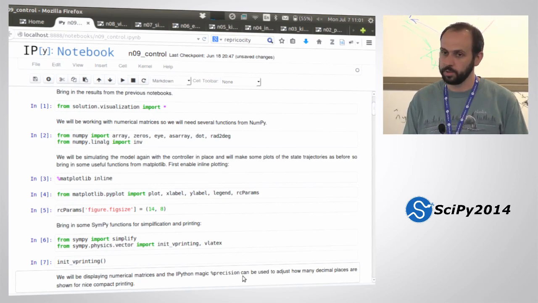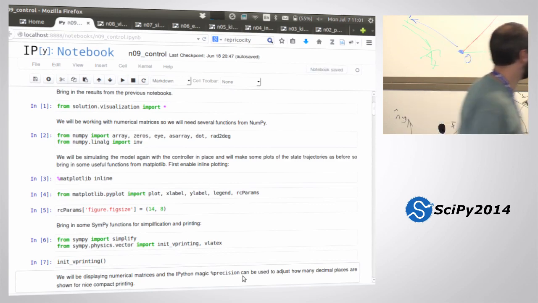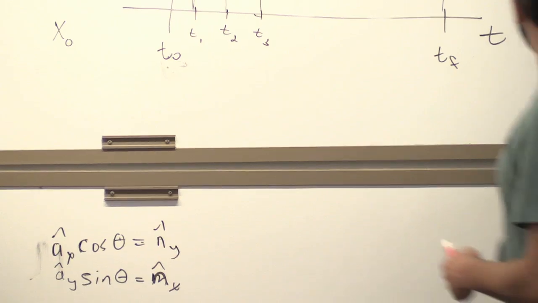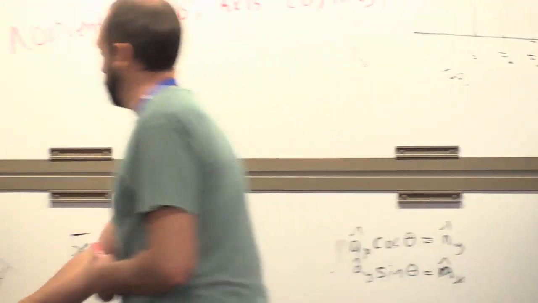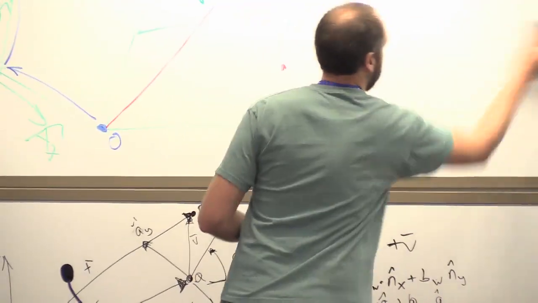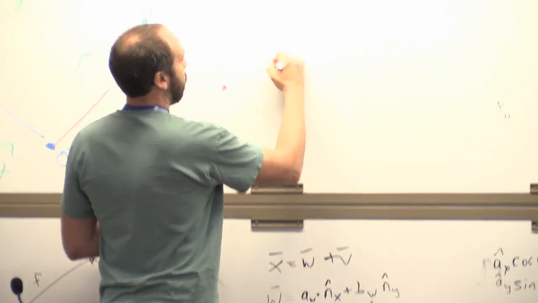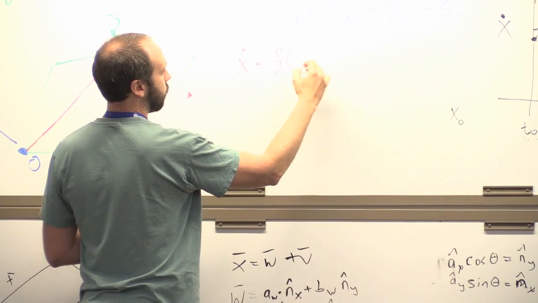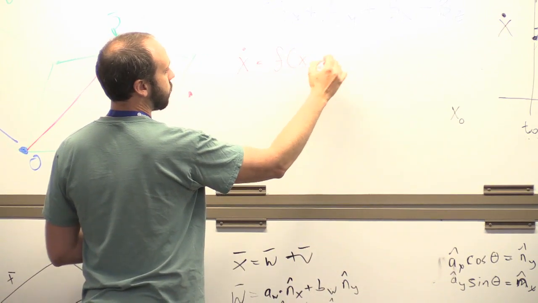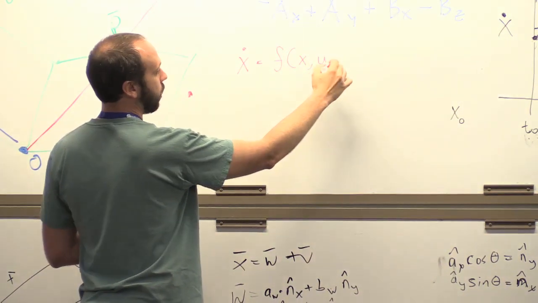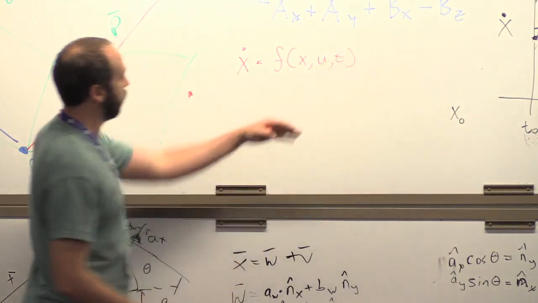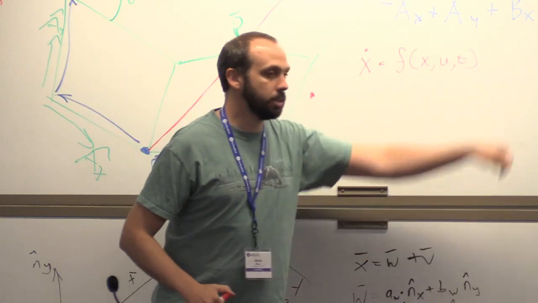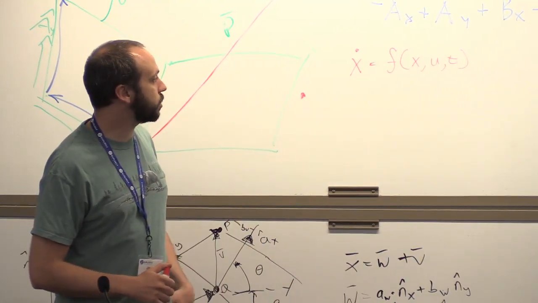In general, we had these equations. We specified x dot equals some general function of the states, the specified inputs u, and time. That's what we've created and simulated so far. These are really nasty, long, nonlinear equations.